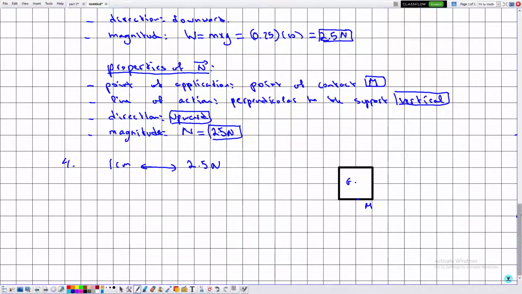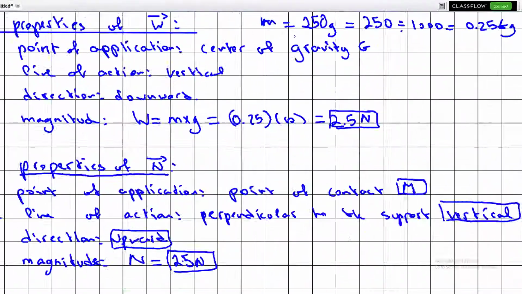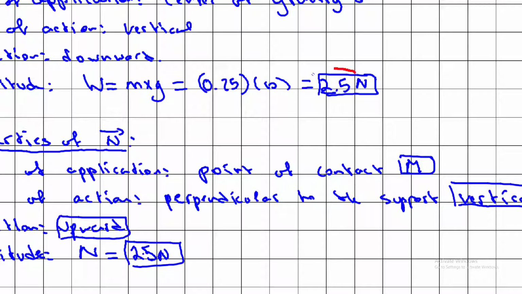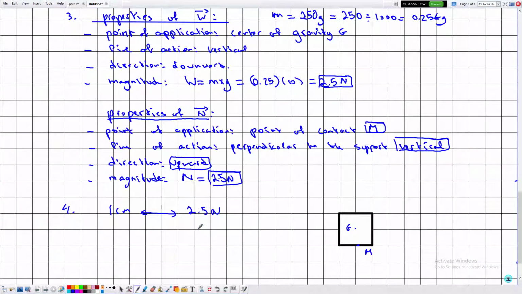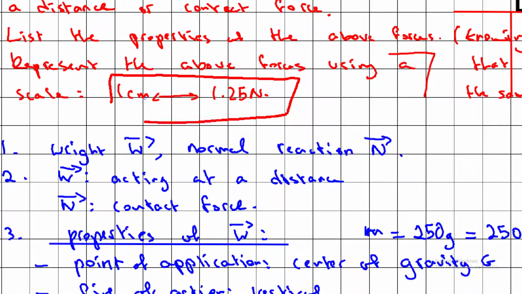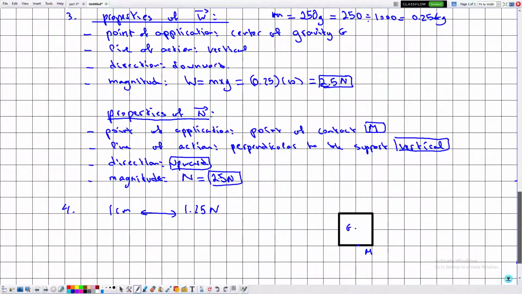Now let's start by representing the weight, knowing that the weight has the following properties. In order to represent it, we need to determine the length from this magnitude, and this can be done using the scale. The scale is given by 1 centimeter corresponds to 1.25 newtons. So if 1 centimeter corresponds to 1.25 newtons, what about 2.5? It corresponds to which length?